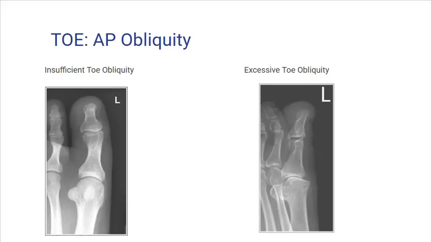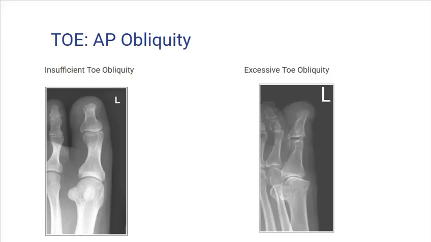On the other hand, excessive toe obliquity is present when one side of the digit shows more than twice the soft tissue width of the other, and when the posterior aspect of the proximal phalanx shows significantly more concavity than the anterior aspect.